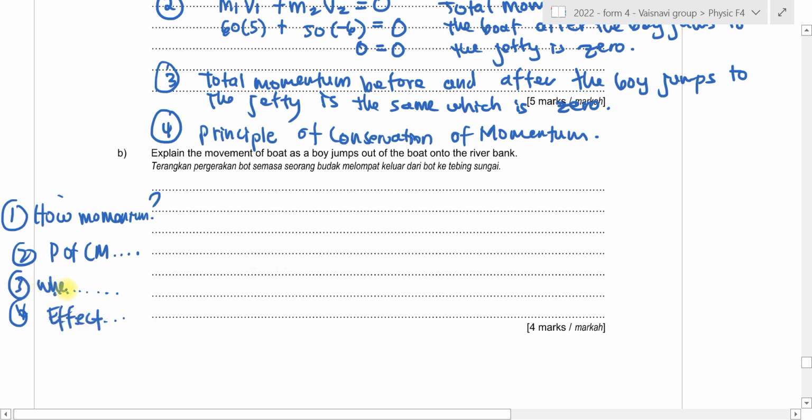So where is the opposite momentum, and then what is the effect? Kita kena breakdown, kita kena pandai breakdown kita punya points.